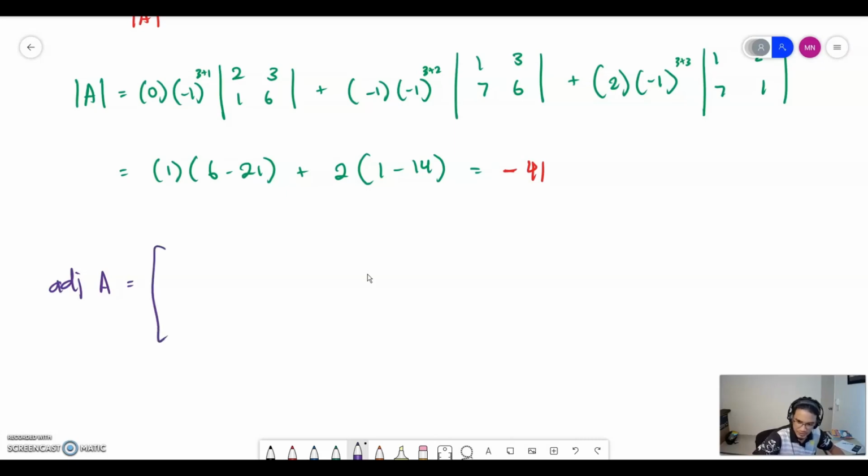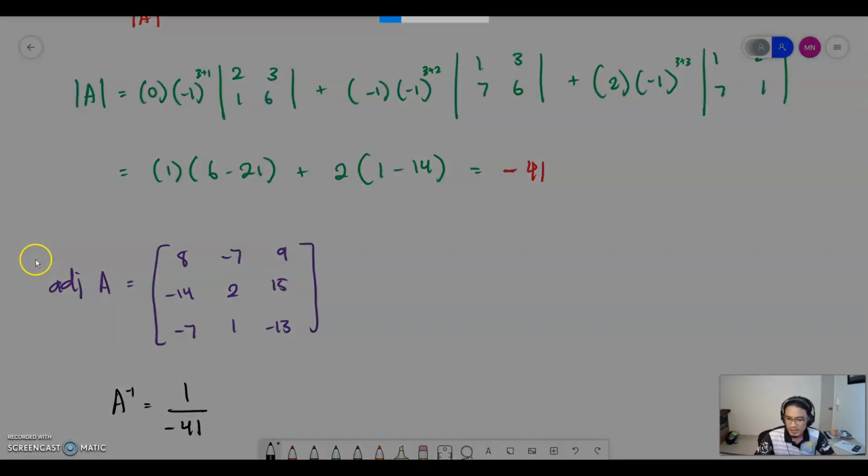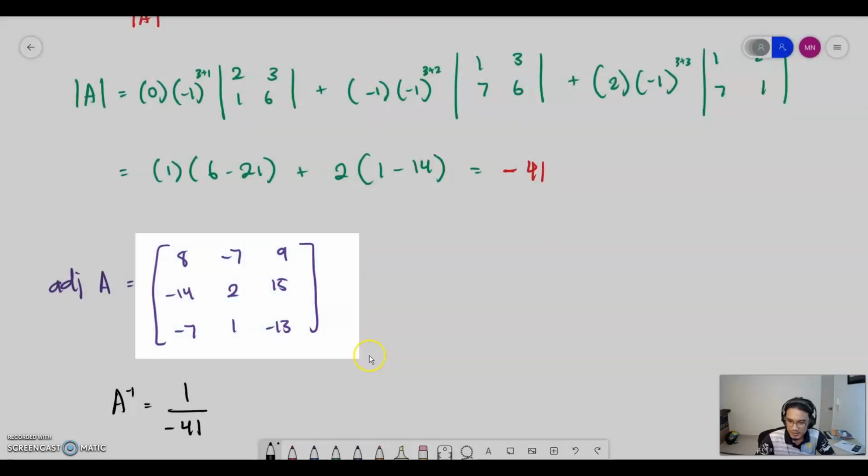The adjoint should be 8, -7, 9, -14, 2, 15, -7, 1, -13. So this is the adjoint for matrix A. To find the inverse, A inverse, we take 1 over -41 and multiply it with the adjoint.